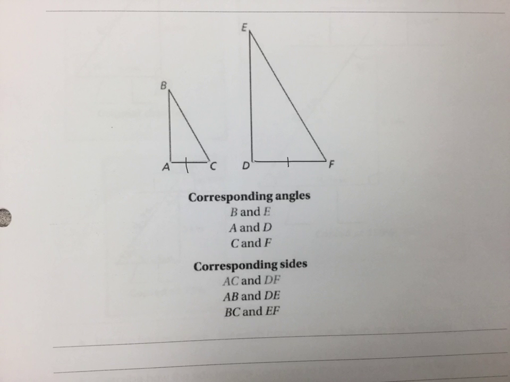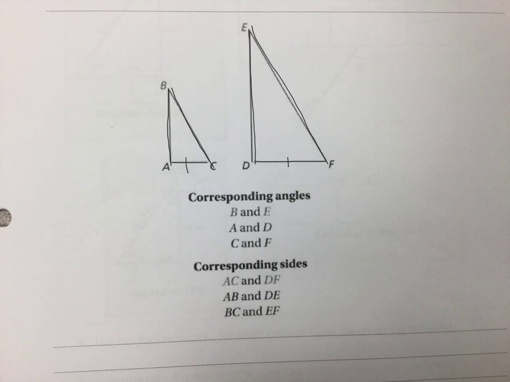Then you have side A to B here, and side E to D here. Again, they both come off the 90-degree angle in the same direction. And then finally, you have side B to C and E to F. So these are the sides of the triangles that match up.